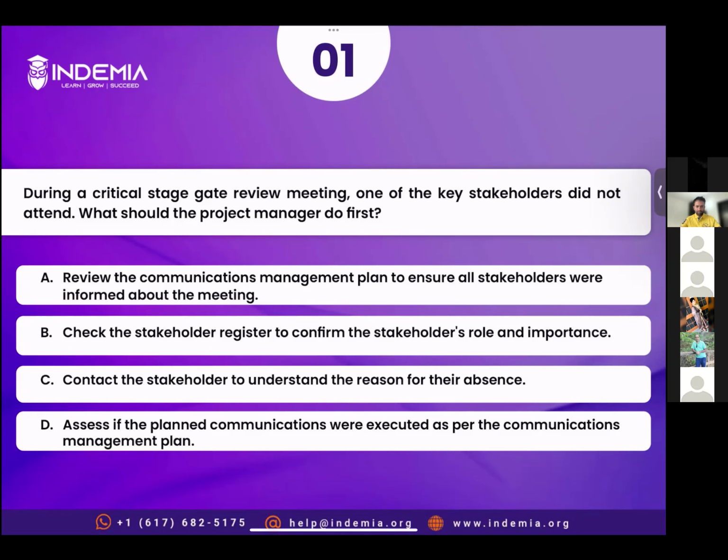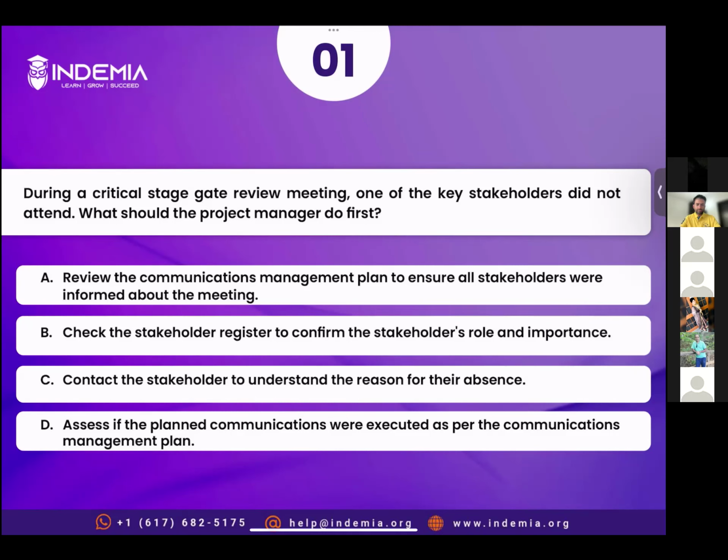It's not really to confirm the stakeholders' role. I was a little confused about the word role, so I eliminated that and I chose A, because the first thing you want to do is check the communication management plan to ensure that the stakeholders were identified, and what is the mode of communication related to the stakeholder.